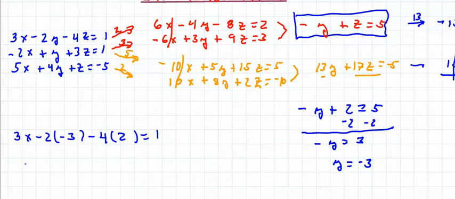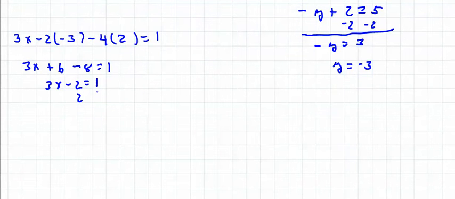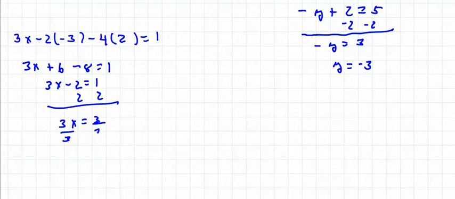And we solve. 3x plus 6 minus 8 equals 1. Combine our like terms. 3x minus 2 equals 1. Add 2 to both sides. We get 3x equals 3, or x equals 1.